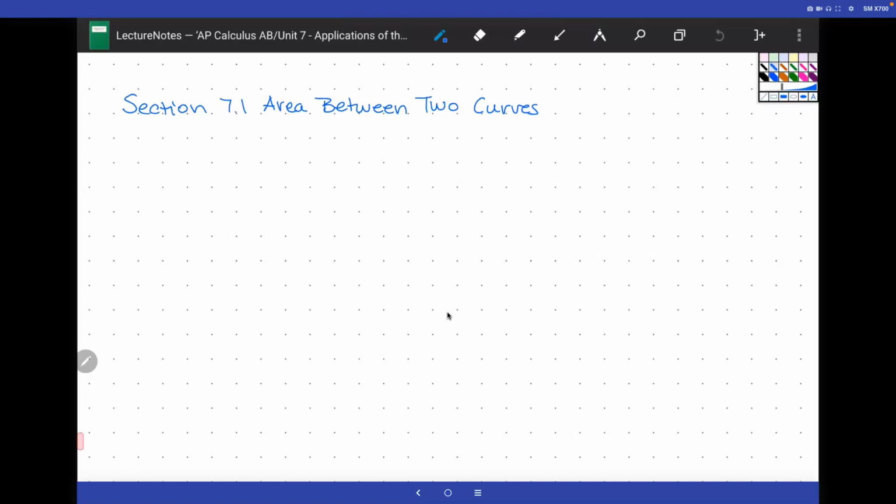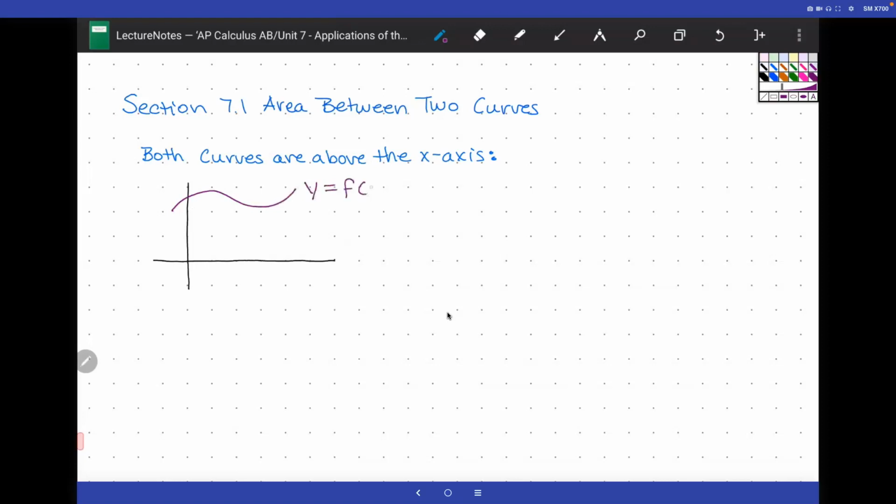Let's look at case 1. Both curves are above the x-axis. Let's draw a little picture here. Let's say that curve 1 is just here. I'm going to call this y equals f of x.